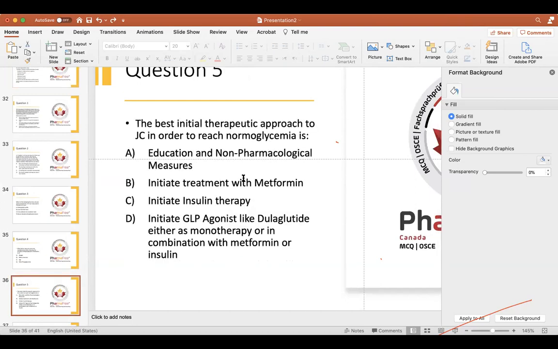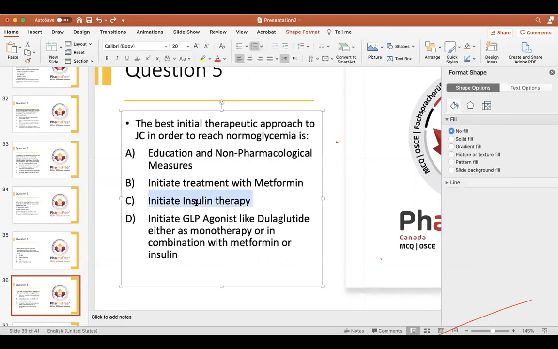Here it is. C is initiate insulin therapy. The only B we have was Mariam, and we have as A, education non-pharmacological measures. Sarah B. Okay.